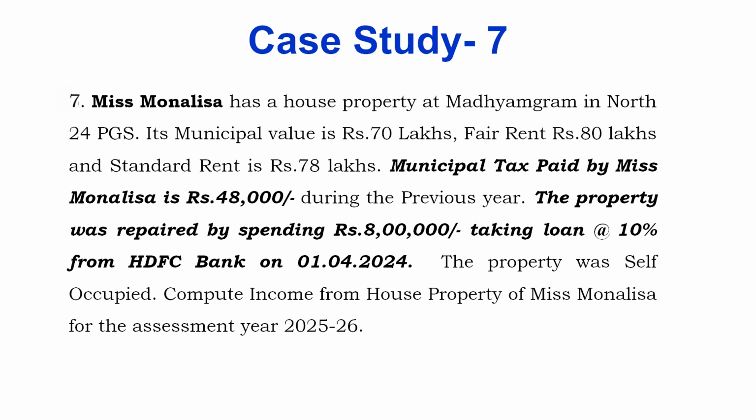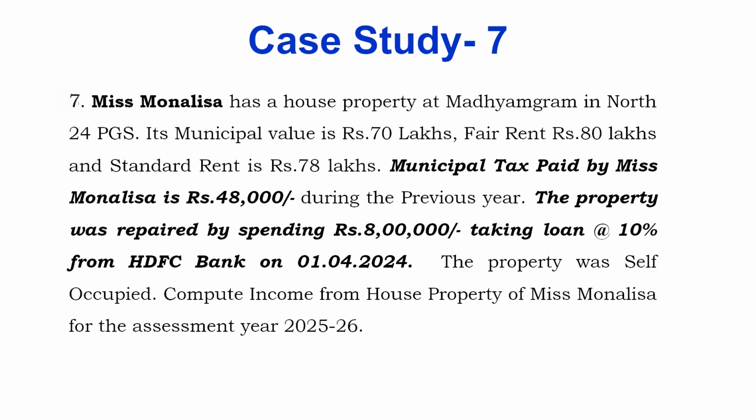Now let's see another case study. Miss Mona Lisa has a house property at Modhamgram in North 24 Parganas. Its municipal value is rupees 70 lakhs, fair rent is rupees 80 lakhs, and standard rent is rupees 78 lakhs. Municipal tax paid by Miss Mona Lisa is rupees 48,000 during the previous year.